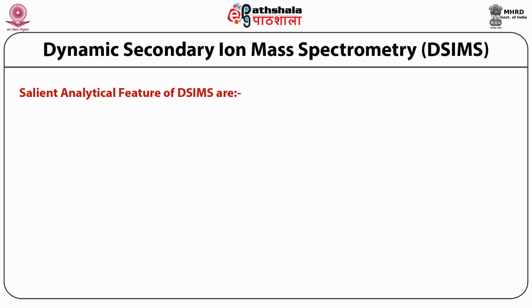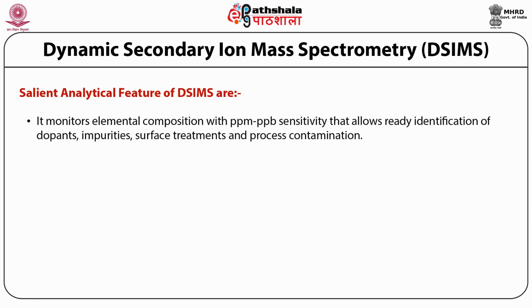Salient analytical features of DSIMS are that it monitors elemental composition with very low detection limits, up to the level of parts per million or parts per billion sensitivity, which allows ready identification of dopants, impurities, surface treatments, and process contaminants. In this technique, we can find very precise information about dopants and impurities, which otherwise would be extremely difficult to find out.